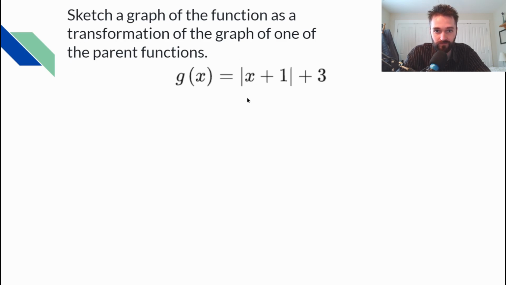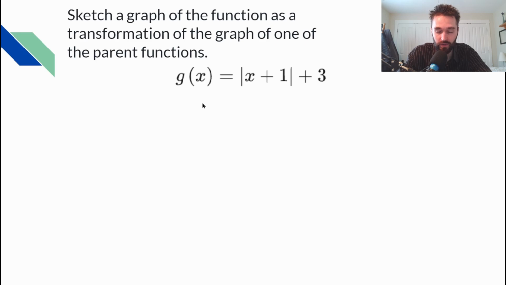Basically, what we need to do is look closely at this function and figure out the simplest parent function that can represent f, and that we transform to end up with g. We have the absolute value of something plus something.